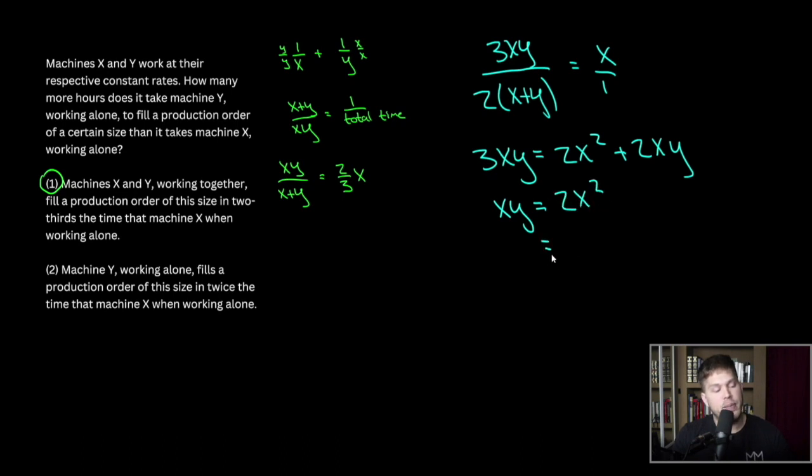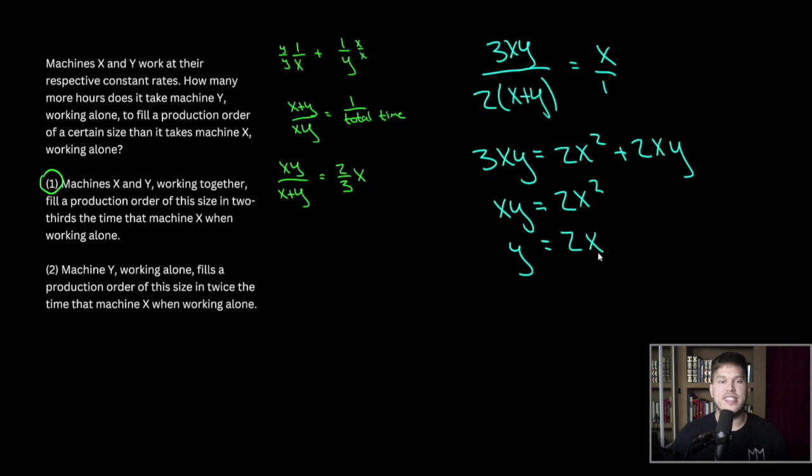And then I can divide by an x to have y equals 2x. So all this really tells me is that y works at half the speed of machine X. But so if machine X takes 1 hour, machine Y would take 2 hours.